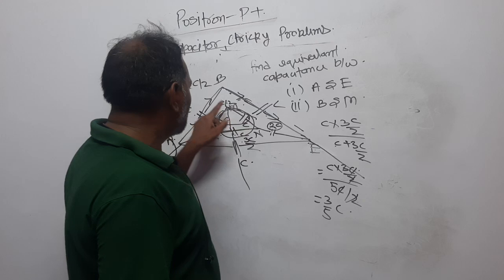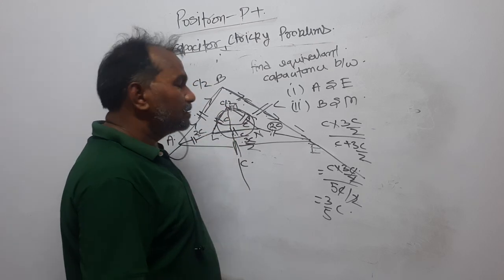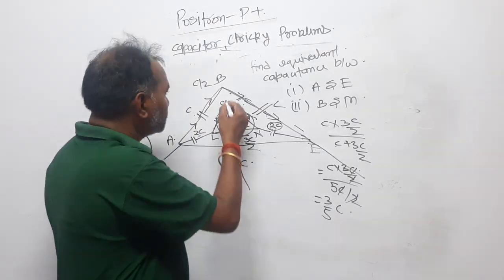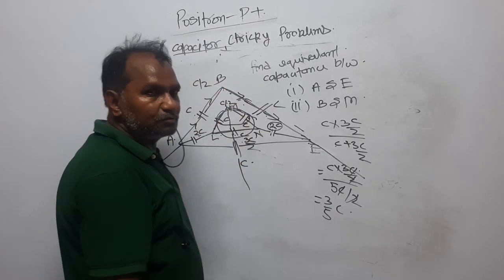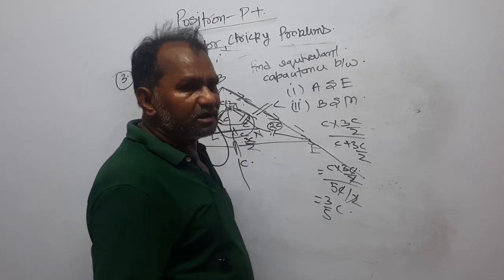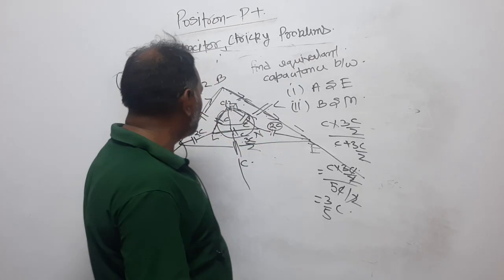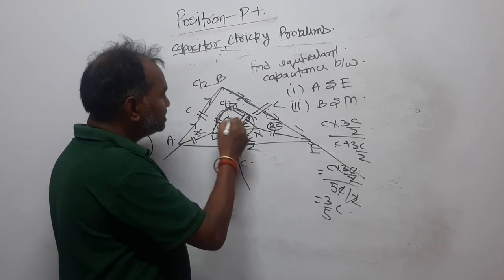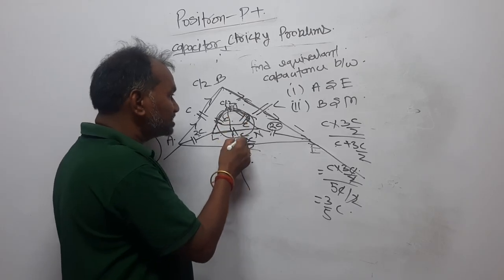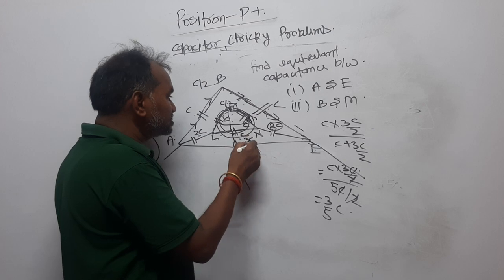So B and M were at common potential, and whatever capacitor was between these two points, I removed. If you remove it, the circuit becomes so simple. Now this C and C are in series, their equivalent is C by 2. This C and C are again in series, giving C by 2, which is parallel to this C. So C by 2 and C give an equivalent of 3C by 2.